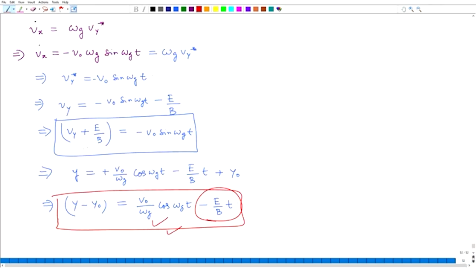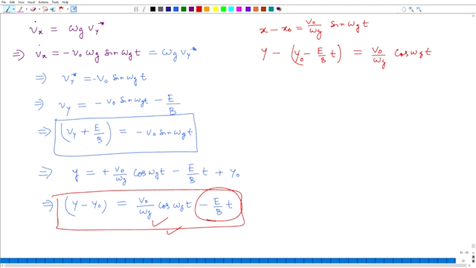We can say my x minus x0 will simply be equal to V0 by omega g sin omega g times t. And I have y minus y0 minus E by B t, which is equal to V0 by omega g cos omega g t.